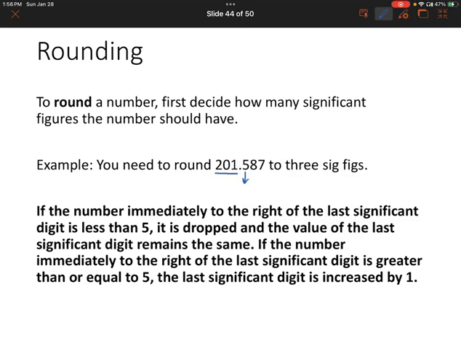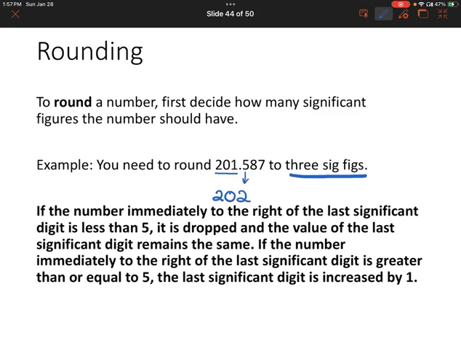Well, we have a 5, so that means we need to round up, right? So we're going to round this value to 202. And that will give us 3 sig figs. And we'll see more examples of this as we do more measurements in the future.